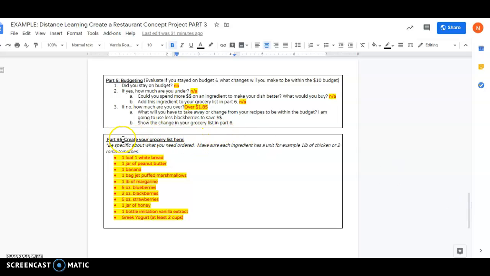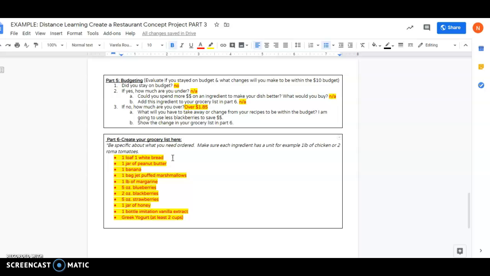Now the last one, which is part 6. I don't know why this doesn't say part 6. You are going to create your grocery list. Your grocery list is how you would buy it from the grocery store, or how we would order it for you from Amazon. I only need 8 slices of bread. However, I can't just go to the store and say, yes, I'll take 8 slices of bread. It doesn't work that way.